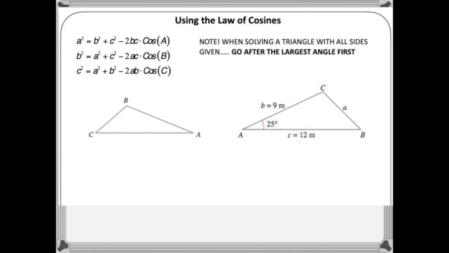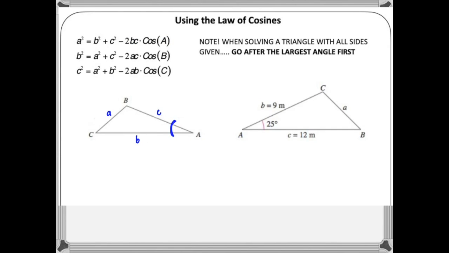But notice about the law of cosines that angle A right here has to be opposite, all right, and the B and the C are going to be the included sides that make up the angle that you're taking the cosine of, okay?